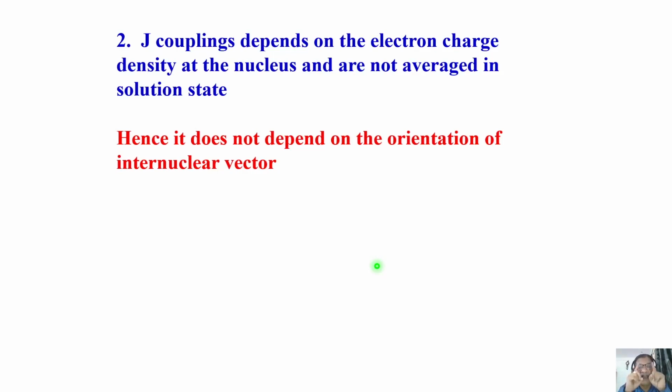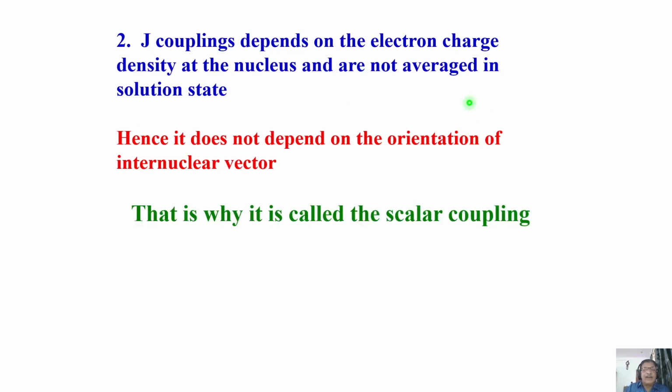I said that gets averaged out because of motion averaging in the solution; it vanishes. But I also said J coupling does not vanish. This is the reason. It depends on the electron charge density and is not averaged in solution state. And it does not depend on the orientation of the internuclear vector, unlike dipolar coupling. So J coupling has no direction dependence. That is why it is called scalar coupling.